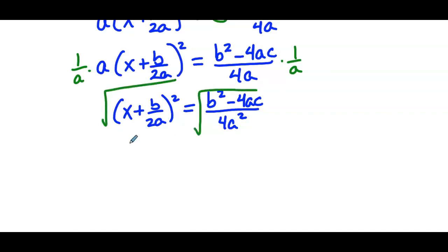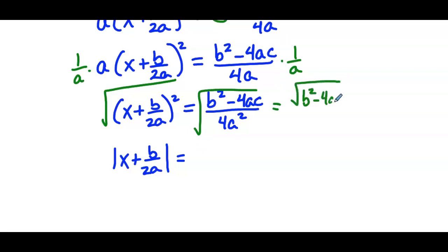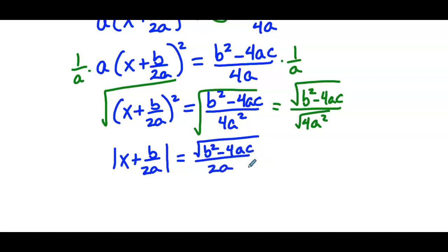Here, the left becomes the absolute value of x plus b over 2a equals, well, we can rewrite this as the square root of b squared minus 4ac over the square root of 4a squared. Square root of a fraction is the same as the square root of the numerator over the square root of the denominator. And the square root of 4a squared is 2a. So we have the square root of b squared minus 4ac over 2a.